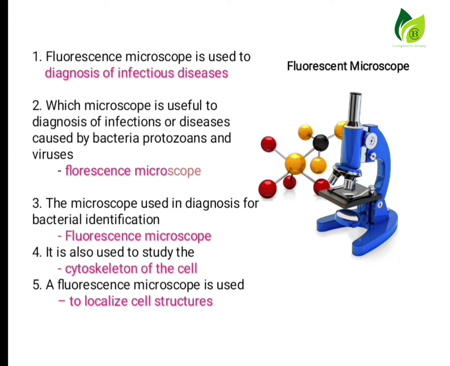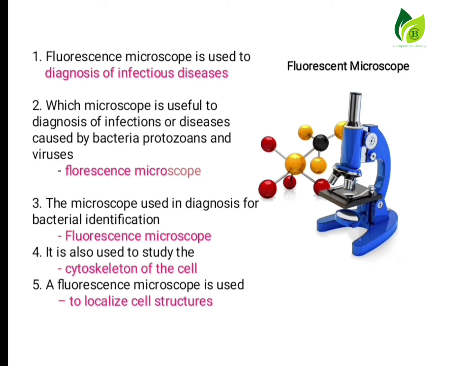The questions given in previous exams on the fluorescent microscope: the first question is, the fluorescence microscope is used for the diagnosis of infectious diseases. You should remember that for the diagnosis of infectious diseases the fluorescent microscope is used.